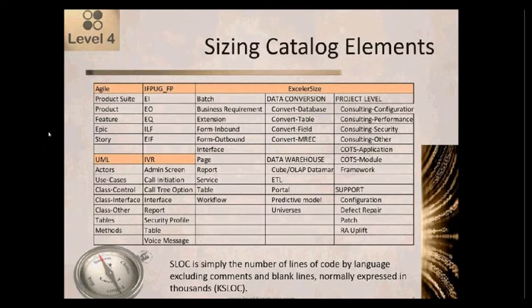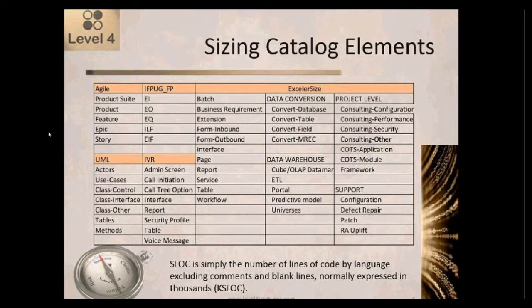Then for UML, you're estimating in terms of, I'd mentioned use cases, and that's probably the thing that you're most likely to be given: a set of use cases. You can also put in there at the same time the actors, which will be identified within the use cases. And then if you're doing an object-oriented estimate, where somebody gives you an object-oriented design, you can use the classes, and class and object are synonymous.